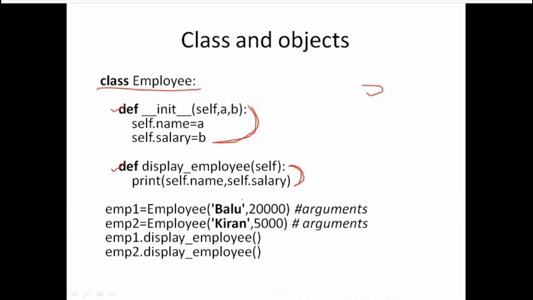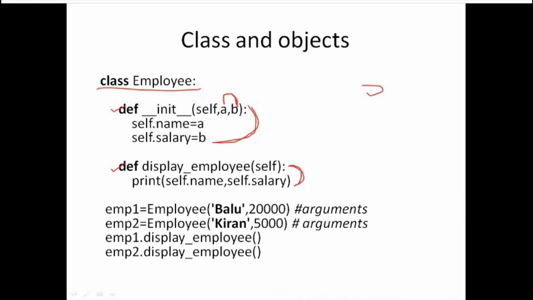Okay. Now, what you are doing here is emp1 is equal to employee. Now, you know that when I give something like this, an object called emp1 is created of which class? Employee class. Correct? Yes, sir. Now, in this constructor, there are two variables, a, comma, b.